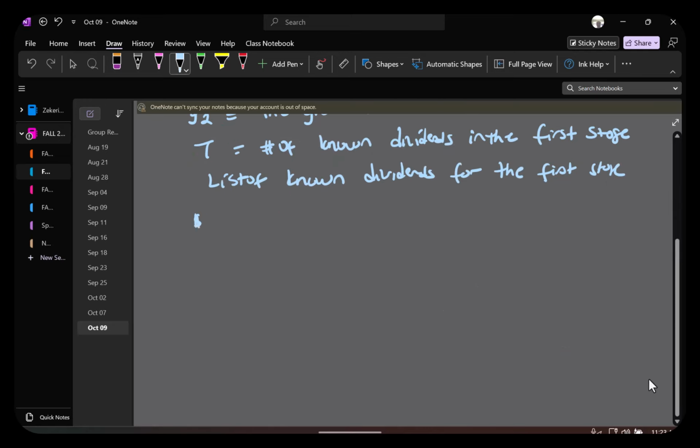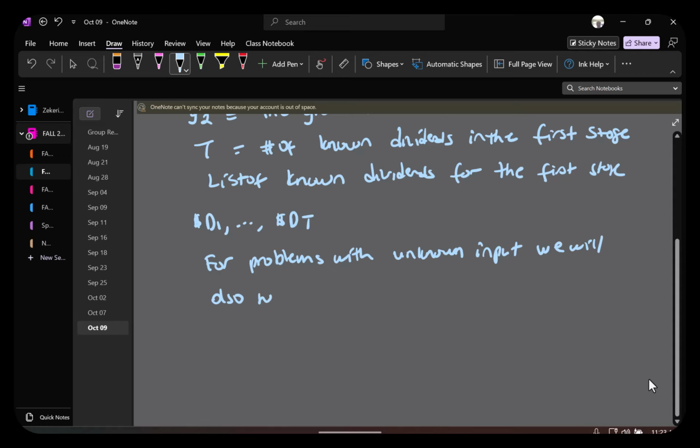So I need D1 through DT for problems with unknown inputs. We will also need the market price.